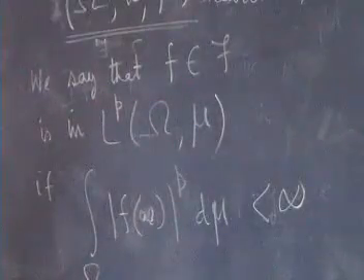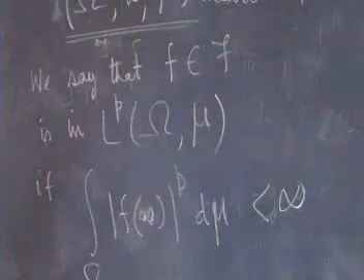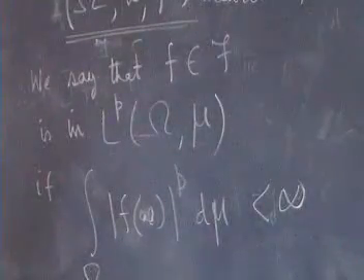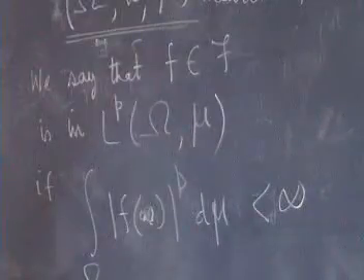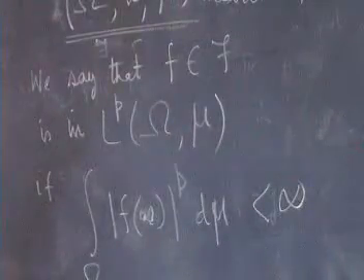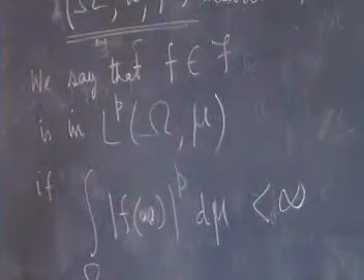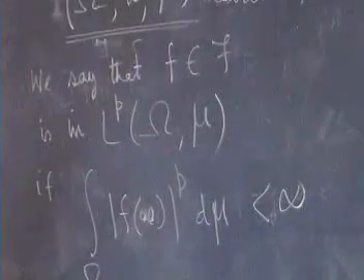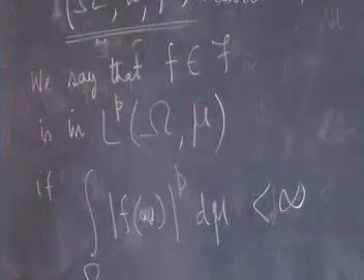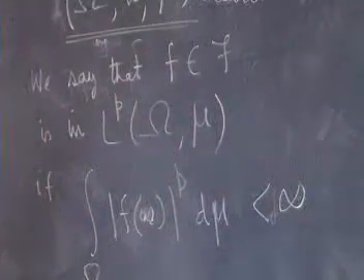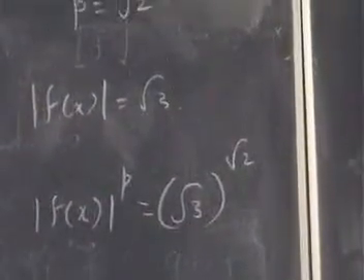Suppose p is root 2, and at a point x, mod f(x) was root 3. What is mod f(x) to the power of p? What is meant by this? Root 3 to the power of root 2. How do you interpret this?